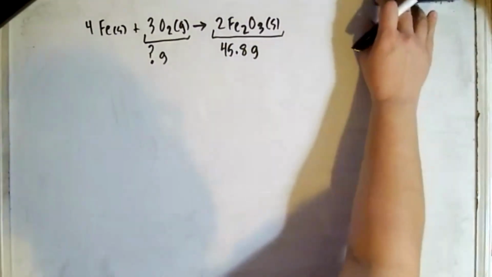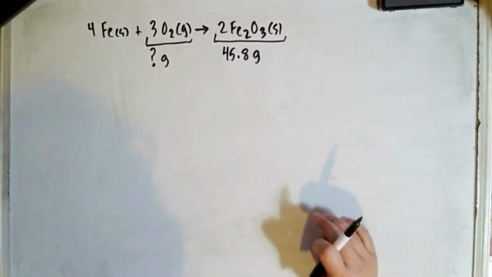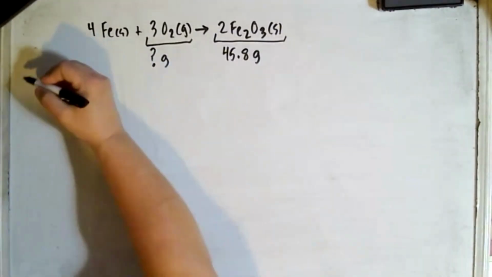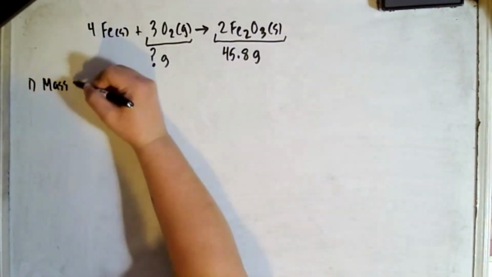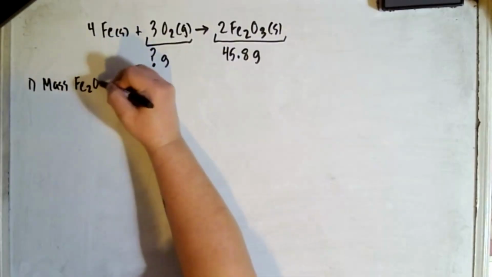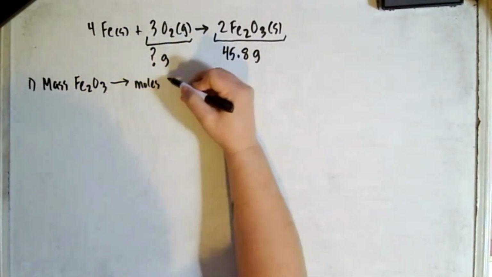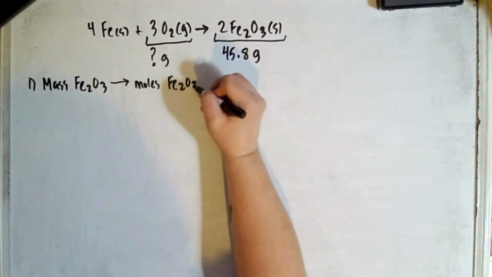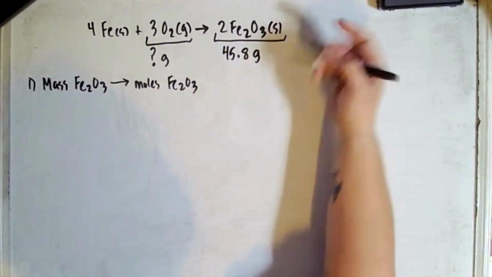For this question, they've given us a mass value of the Fe2O3 to start with, right? And that means that our first step is going to be to take the mass of Fe2O3 and turn it into moles of Fe2O3. So to do that, we need to know the molar mass of Fe2O3.